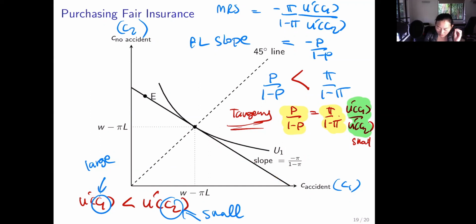The point here is when you buy more than the loss, so you over-insure.